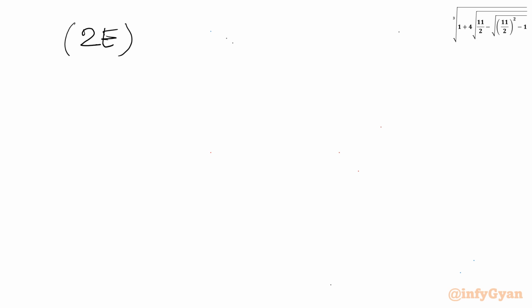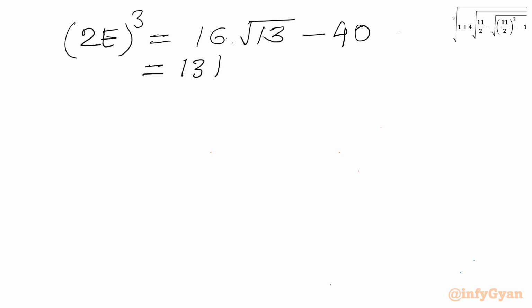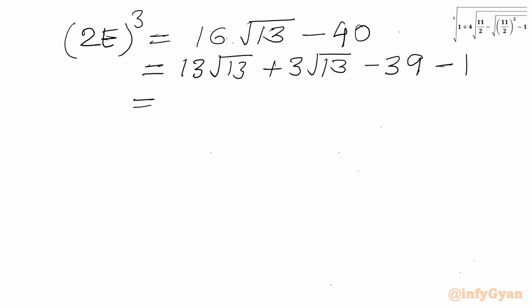Let us write here 2E whole cube equal to 16 root 13 minus 40. Now I will split 16 root 13 as 13 root 13 plus 3 root 13. And negative 40 I will be writing minus 39 minus 1. Let us rearrange.